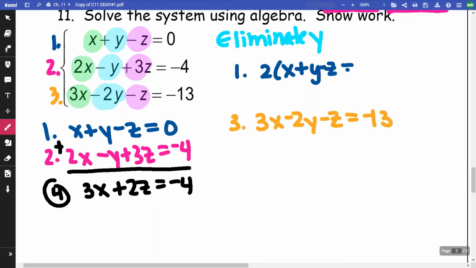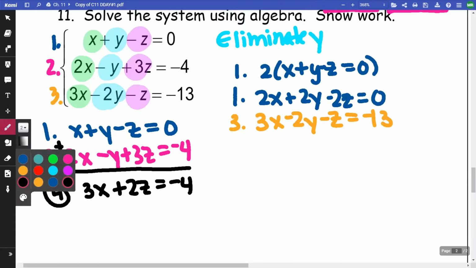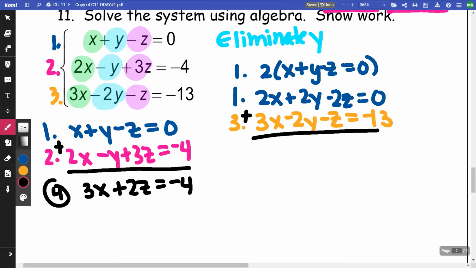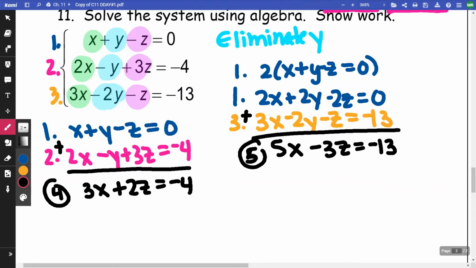That whole equation I'm going to multiply by 2. So when I do, I'm going to get a 2x plus 2y minus 2z equals 0. So now I'm going to add these two equations together. I get 5x, my y's cancel out, negative 3z is equal to a negative 13. That's going to be equation 5.